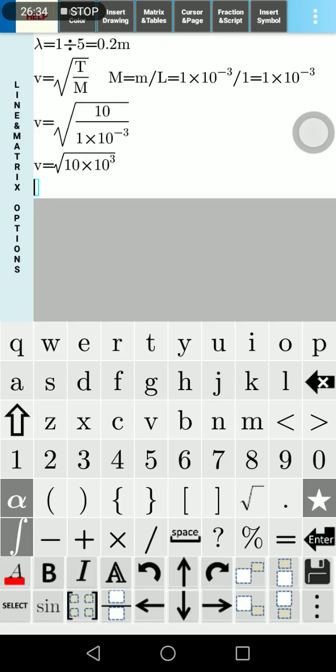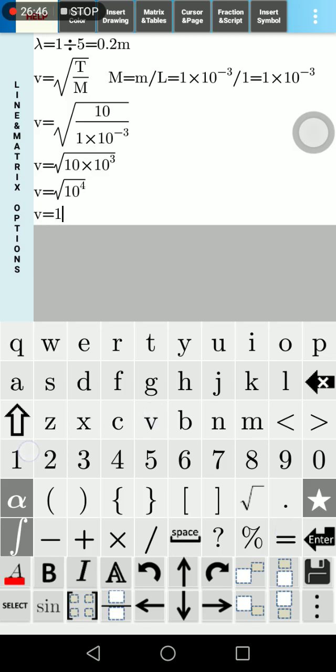So V is equal to the square root of 10 to the power of 4. Taking the square root of 10 to the power of 4, just like I explained before, is raising it to the half power. So V is equal to 10 to the power of 2. That's 100. 100 is the velocity.